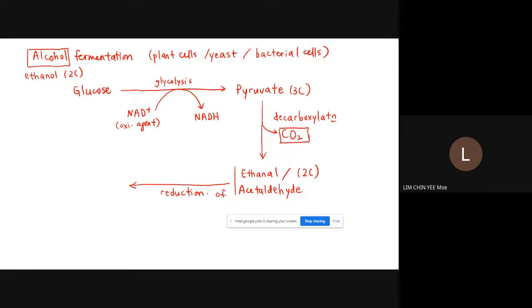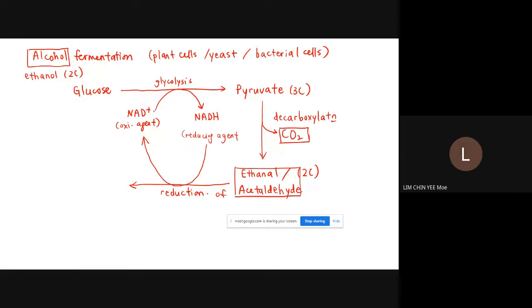Reducing agent dekat sini ialah NADH. So, inilah reducing agent. Reducing agent NADH, it will be used to reduce the ethanol or acetaldehyde. So, dia sendiri pula dah jadi NAD+.